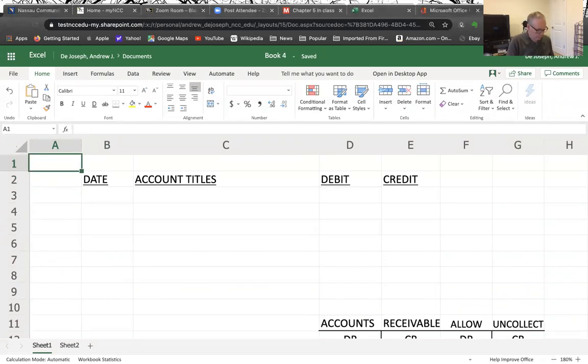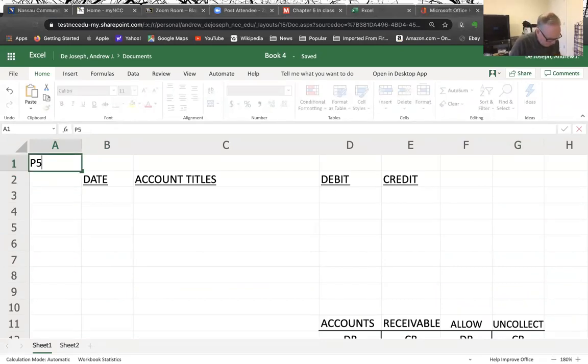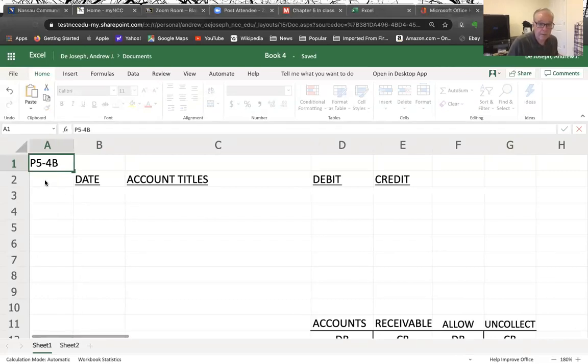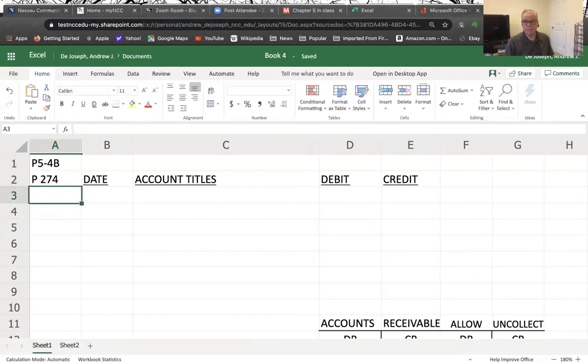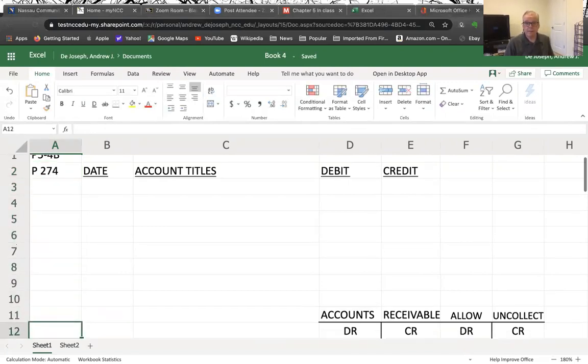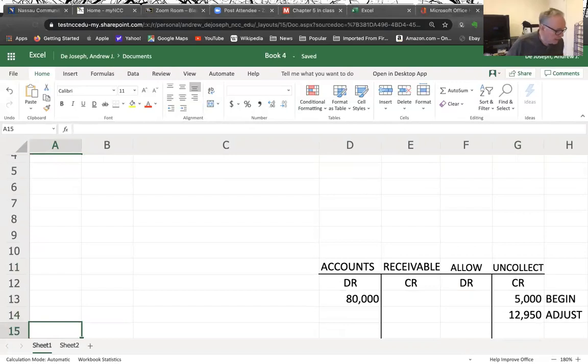Right, this is problem 5-4B, right? And this is on page 274. All right, so let's take a look at that one, what that says.